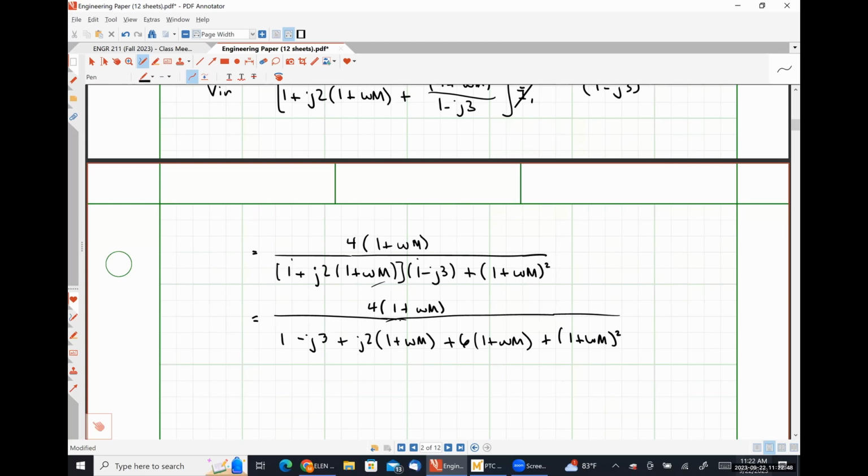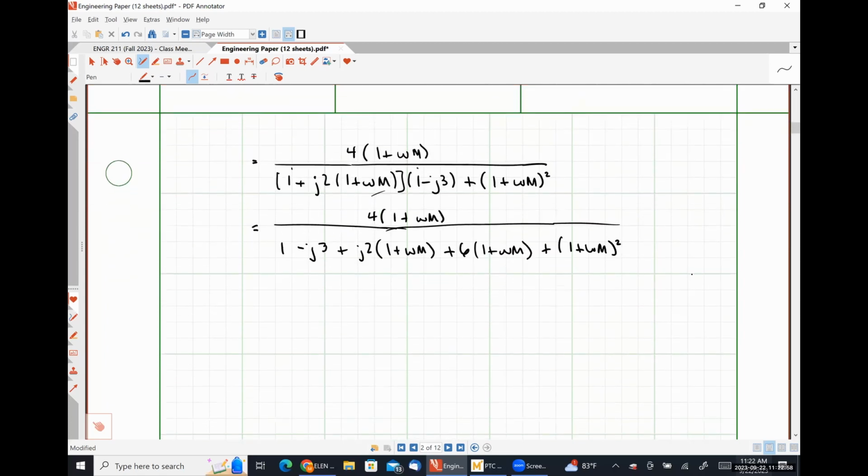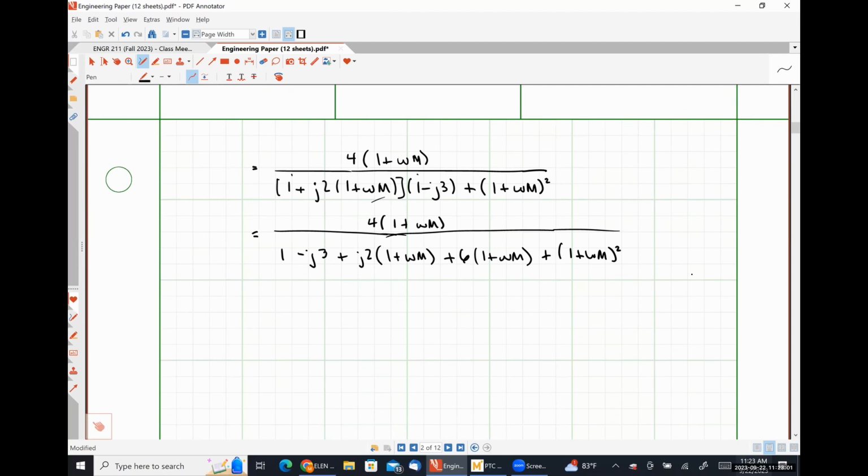Okay. And so what I'm going to do now is lump things together as real and imaginary parts in my denominator. So this j2 times this minus j3 gives me positive 6 times that back up there. So this step is just me prettying things up. So 4 times 1 plus omega m in my numerator.